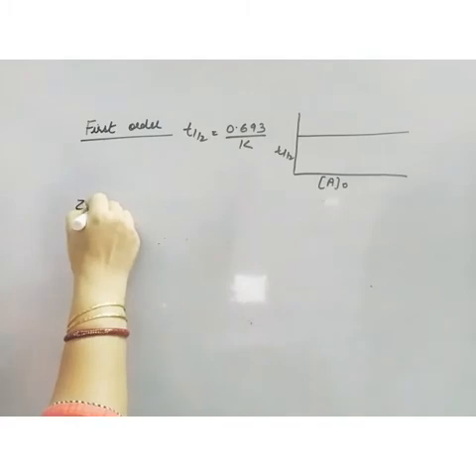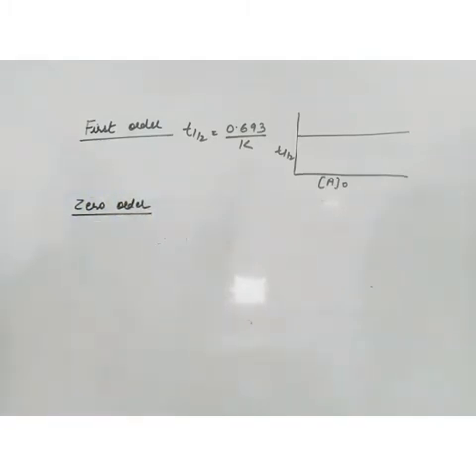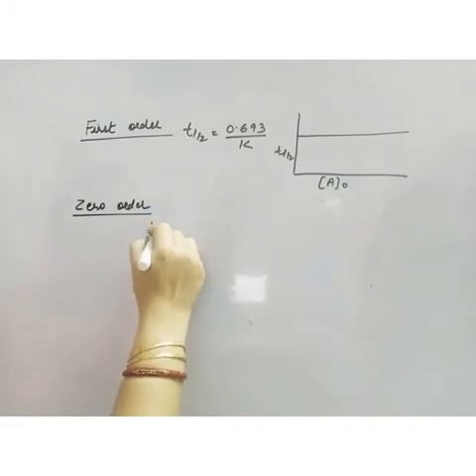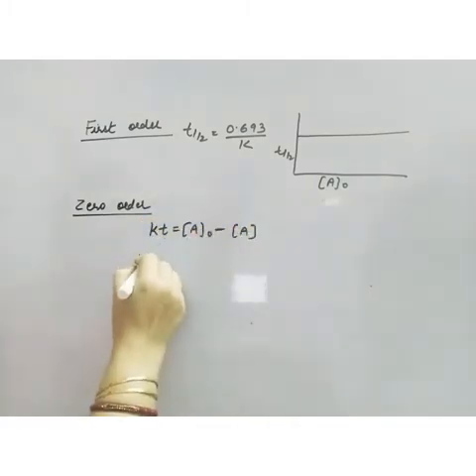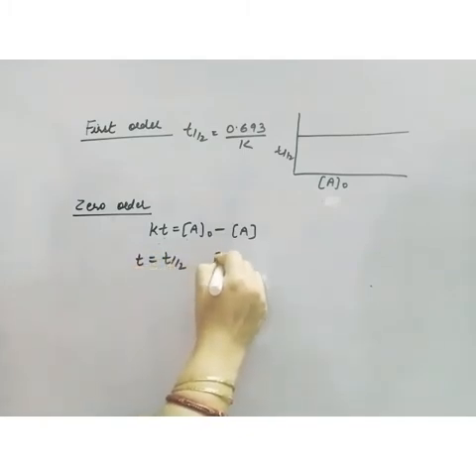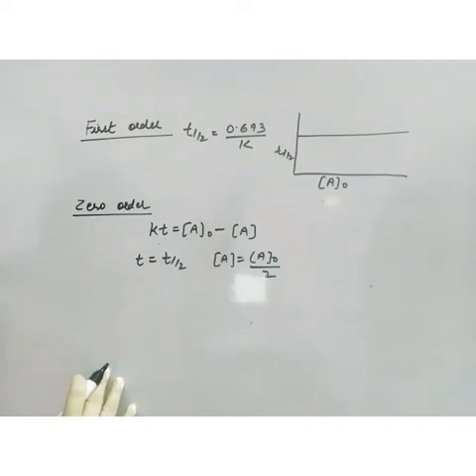Now let's do it for zero order. What is the integrated expression for zero order? It is KT is equal to A naught minus A. So when T is equal to T half, final concentration is half of initial. Instead of R, we can take A also; A is also a concentration term.